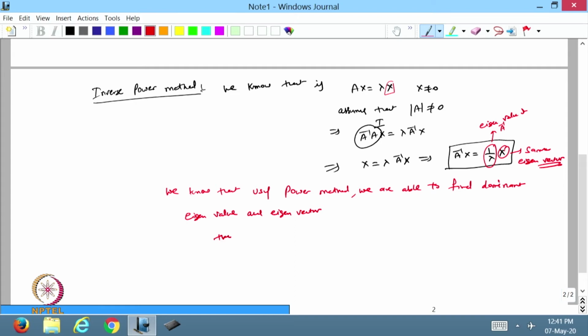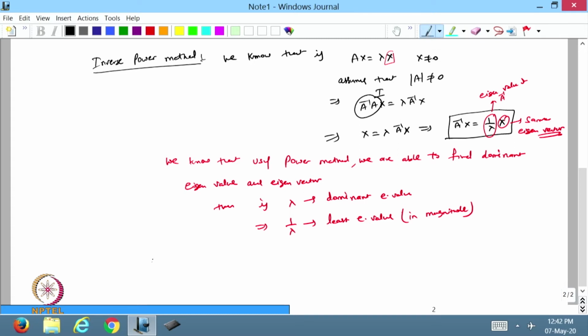Then if lambda is the dominant eigenvalue, then 1 over lambda will be the minimum eigenvalue. So, I can say that this is the least eigenvalue in magnitude. So, I am talking about the magnitude.